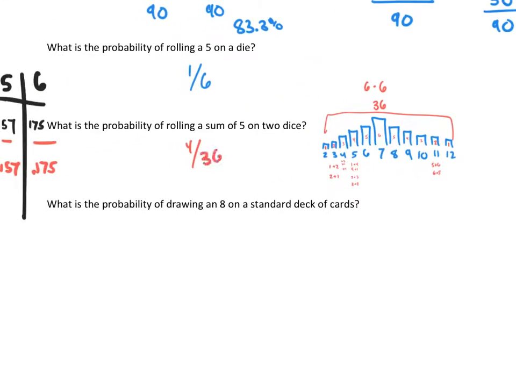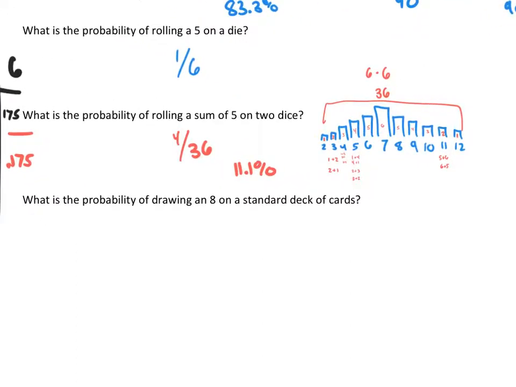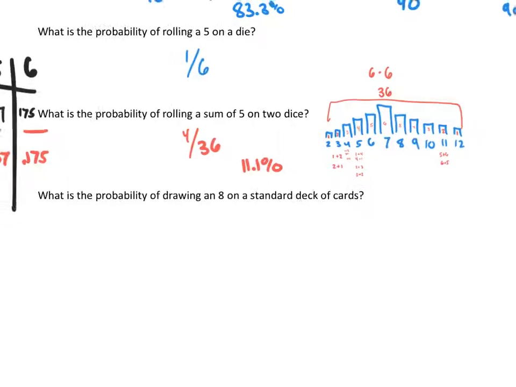So our sample space here is 36. And that gives us an 11.1% chance. So if you were playing Monopoly and you really needed a 5, you have almost a 1 out of 10, barely higher than 10% chance of getting that.